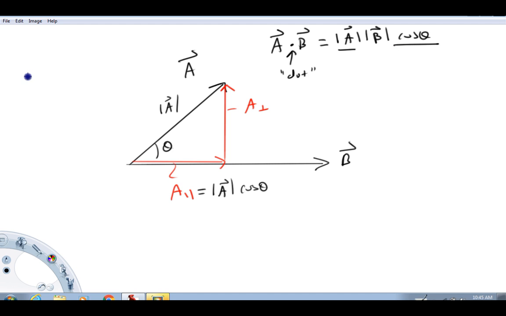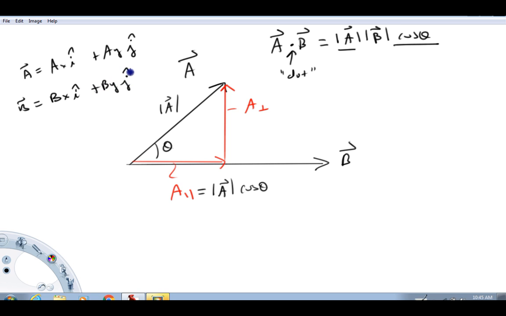I'm going to keep this to just two dimensions here. I have a vector A, which looks like AX i, meaning an x component in the i direction, plus AY j, meaning a y component in the j direction. I take another vector, B, which can be written BX i plus BY j.